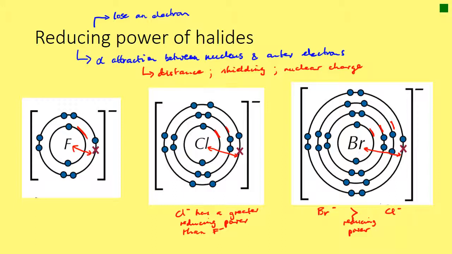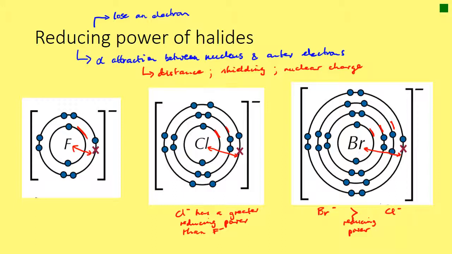That decreases the attraction further, and therefore increases the reducing power. However, the nuclear charge in bromide is higher, so that would increase the attraction and decrease the reducing power, but not enough to counteract the previous two factors.